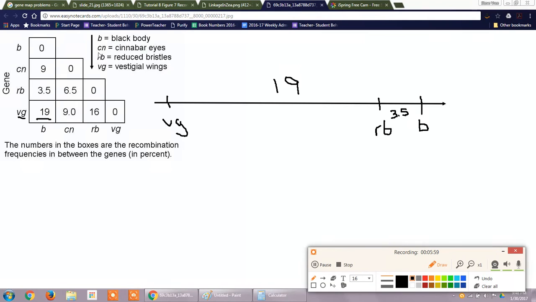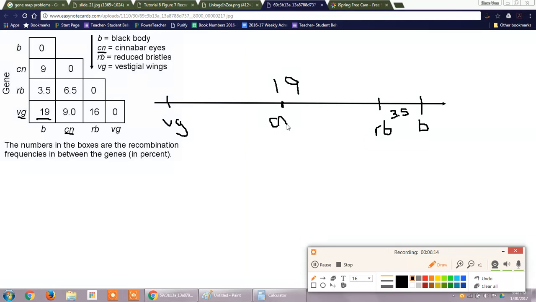So I think the only one I've got to figure out now is CN, and so CN is a distance of 9 from VG. So let's see here. So that would mean probably about right here.